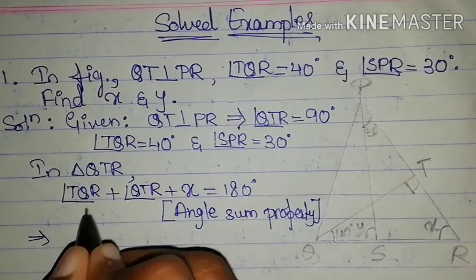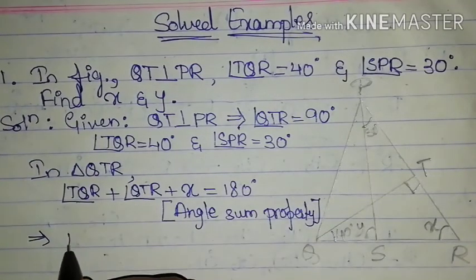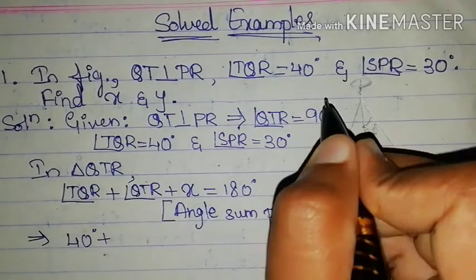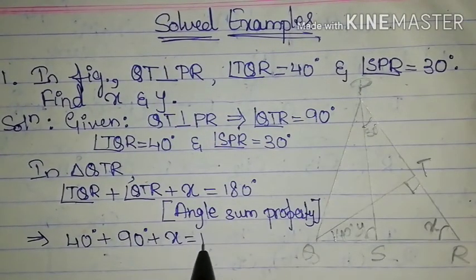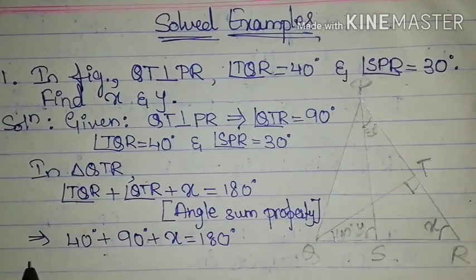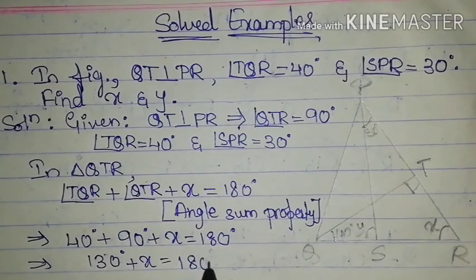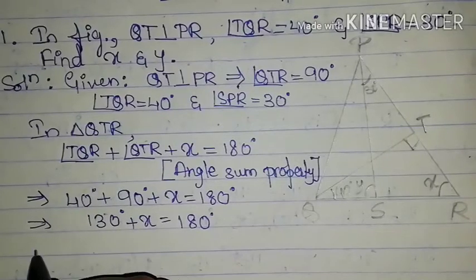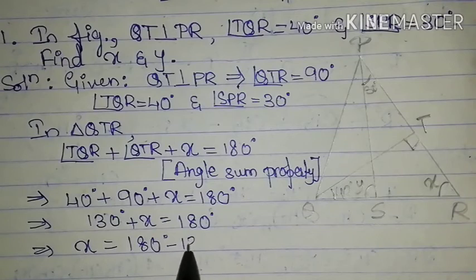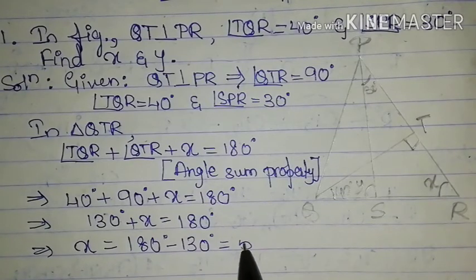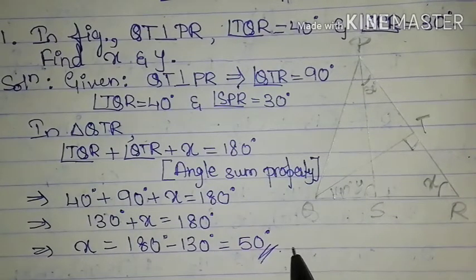So this implies angle TQR, which is given to us as 40 degrees, plus angle QTR, which is 90 degrees, plus X is equal to 180 degrees. So this implies 40 plus 90, 130 degrees, plus X is equal to 180 degrees. This implies X is equal to 180 degrees minus 130 degrees, which is equal to 50 degrees. This is our required solution. Name it as result 1.